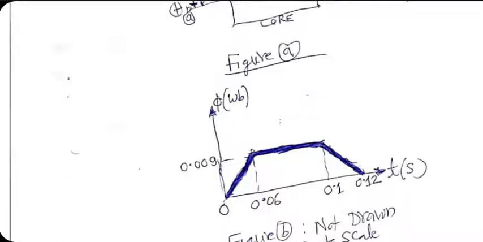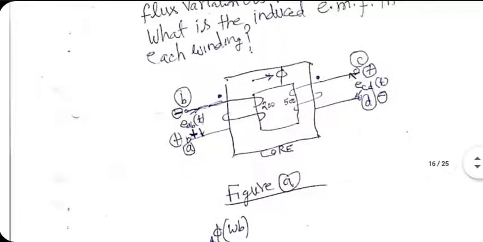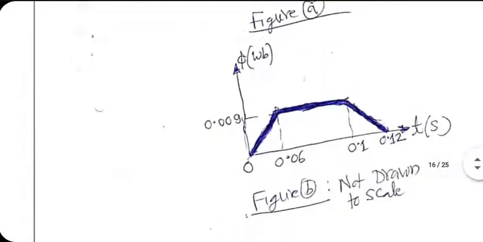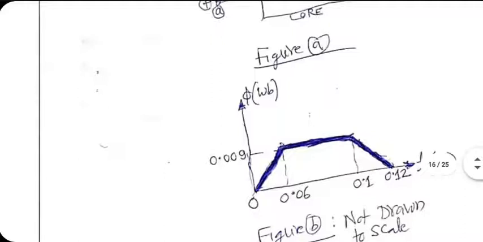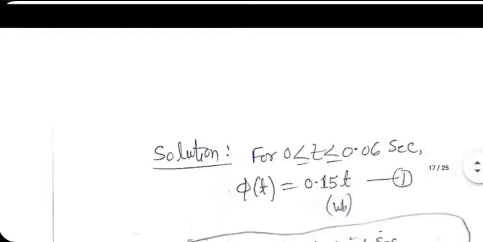And in the third part, again, another straight line equation will describe the behavior. So for the three different parts, the voltages will have different behavior in both primary and secondary. d phi by dt will have different answers. In fact, in the middle part, d phi by dt will be 0 because phi is constant. So there will be no EP, no V, no ES in the middle part. But in the beginning and at the end, there will be non-zero values.